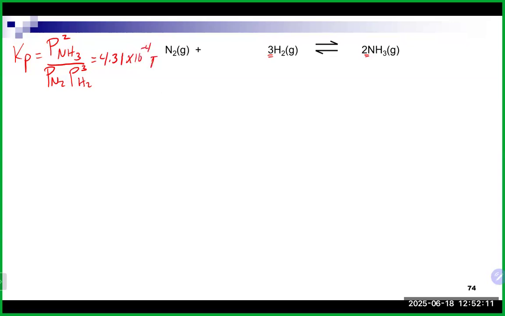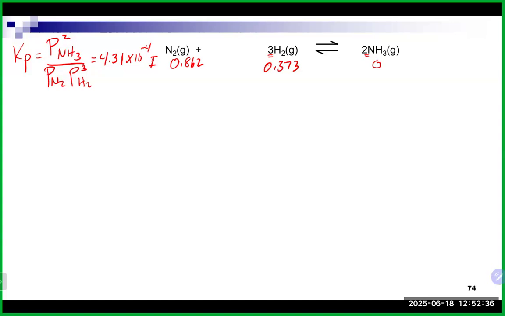So doing our ice table here, initially for the N2, we have 0.862 atmospheres. For the H2, 0.373. Once again, you're not told really anything about NH3, so it is acceptable and safe to assume 0 as your starting pressure in this case.